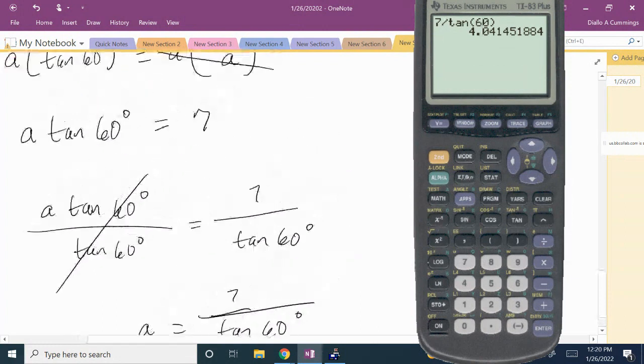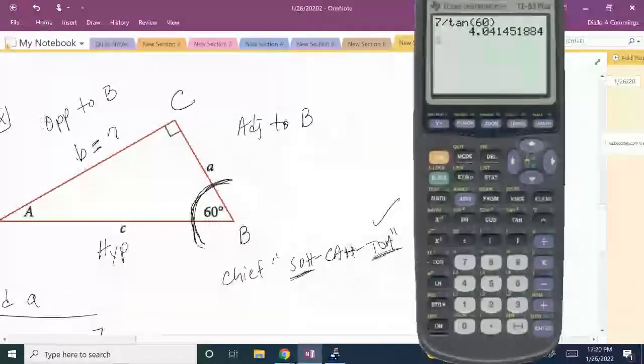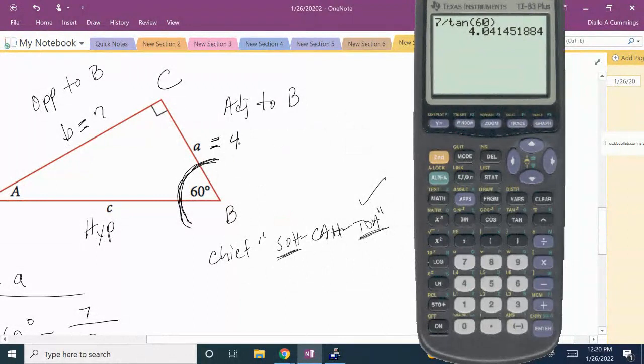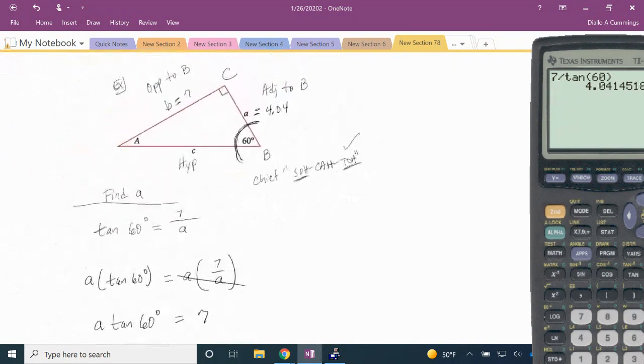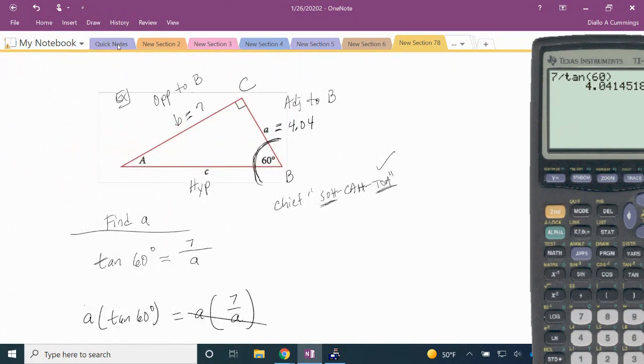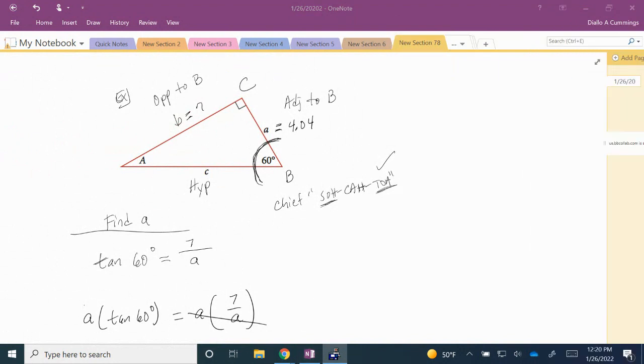So side length A is equal to 4.04. Now, since we're dealing with a right triangle, we could set up another trig function, but in order to find C, I'm going to use the Pythagorean theorem.